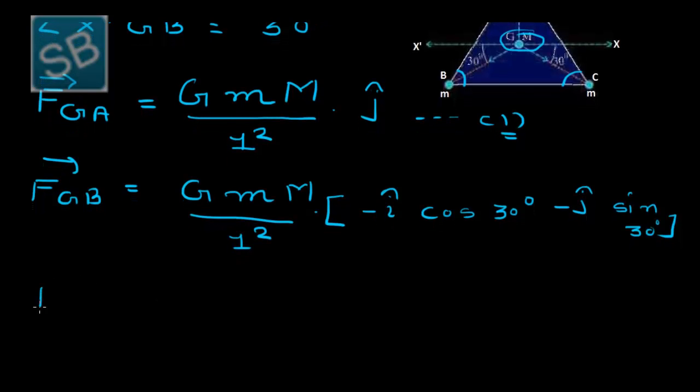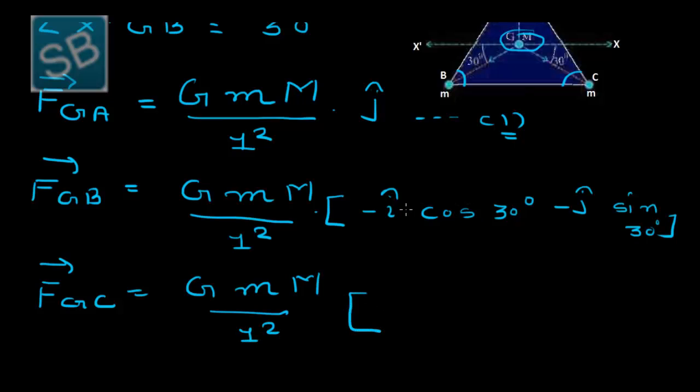And finally, for the particle at C, the force FGC vector is equal to GMm divided by 1 square. And here see why I have taken the minus sign on both. Because here the negative x-axis and negative y-axis is coming.